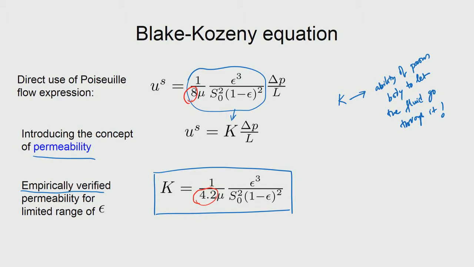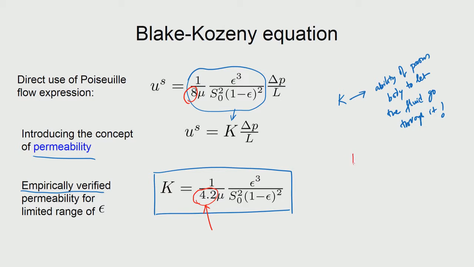Other than that, the functional form is exactly how we have come about, and this expression is empirically obtained and verified. So, this quantity is a correction factor to take into account the fact that the interconnected voids are not bundles of tubes, but they do have other effects. For example, whenever you have bundles of tubes which are also interconnected, there must be some effect because of that.